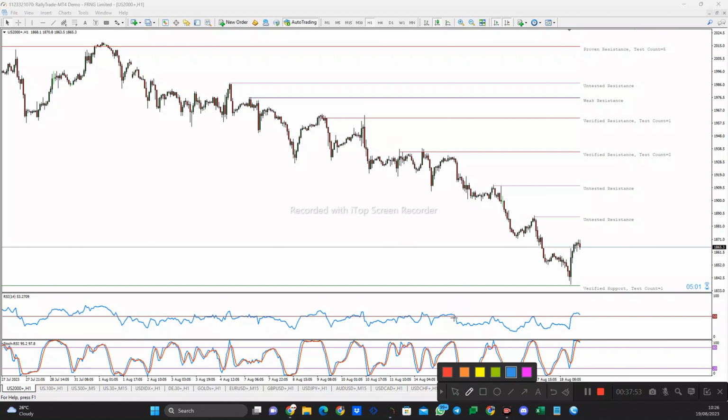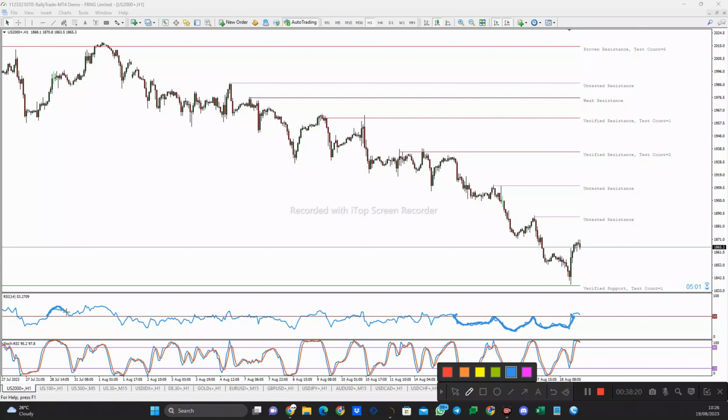This was the point where the RSI went below 50, and this was the point where the RSI went above 50. So from here all the way here was a downtrend. So this uptrend is just starting, right?